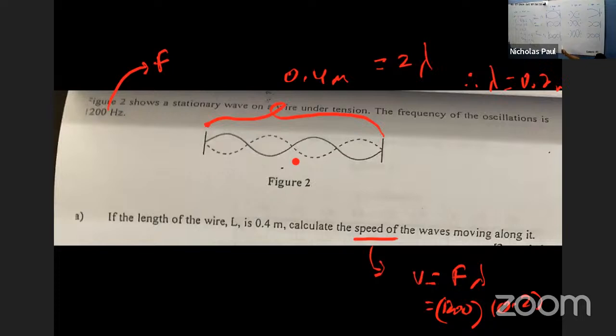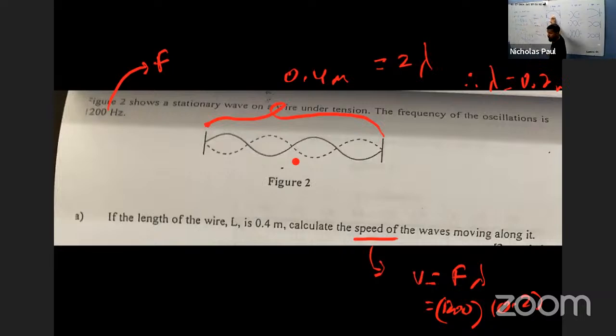No. So you have to ignore what I have here, that is for this wave. Look at that wave there. The column is how long? The column is 2 wavelengths long, and it is 0.4. So 2 waves is 0.4, so 1 wave will be 0.2. What I had here was for the first harmonic.